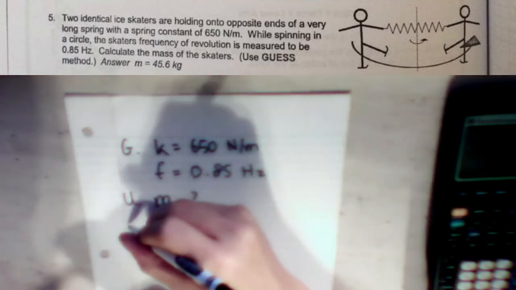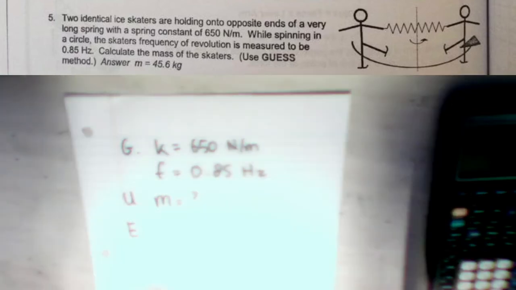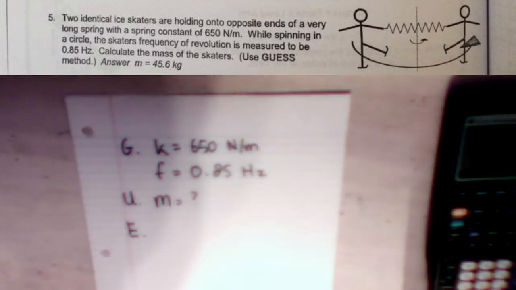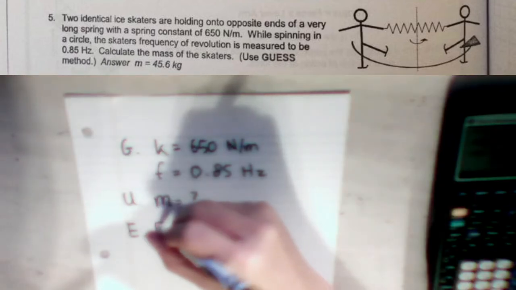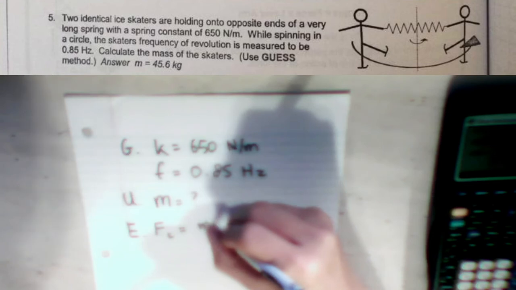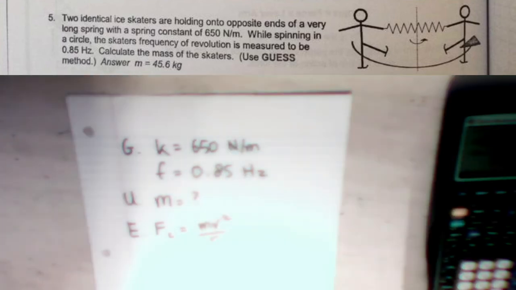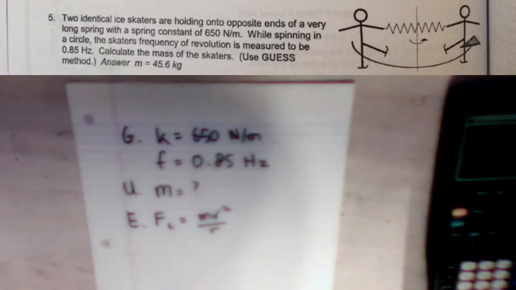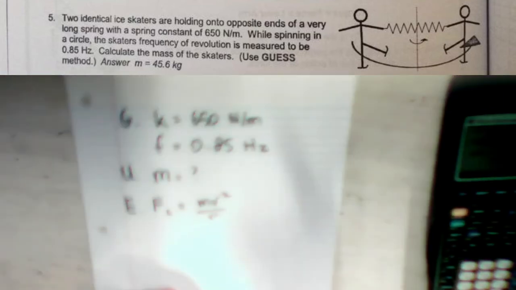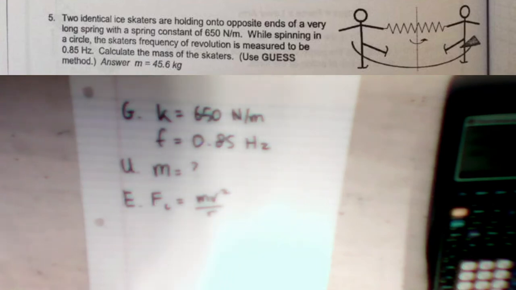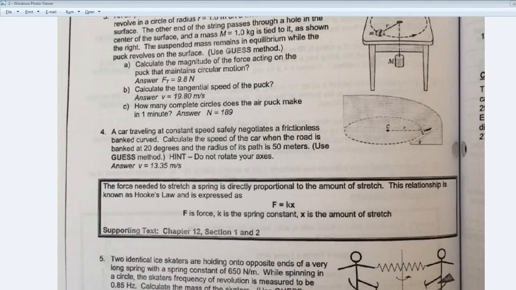Okay, so your equation. The two forces that are here are, one, the centripetal force, which is Fc equal to mv squared over r, and the second one is the force of a spring, which is kind of obvious because it was given to you in the box above.